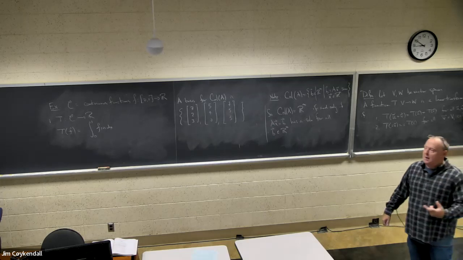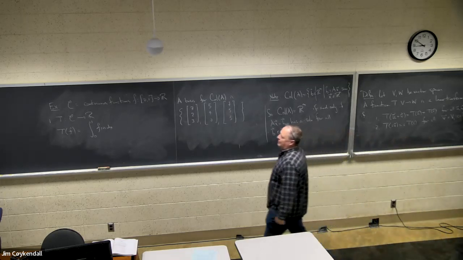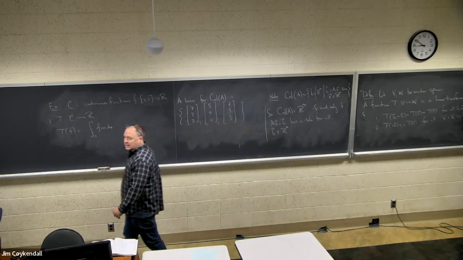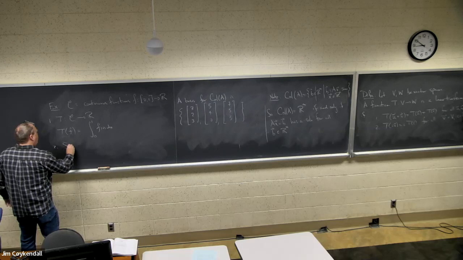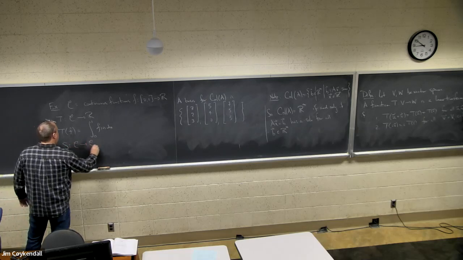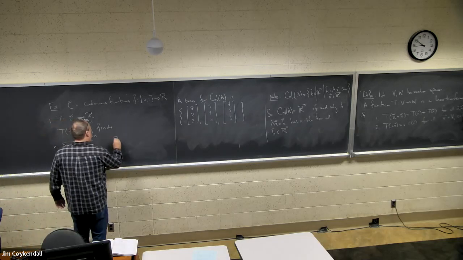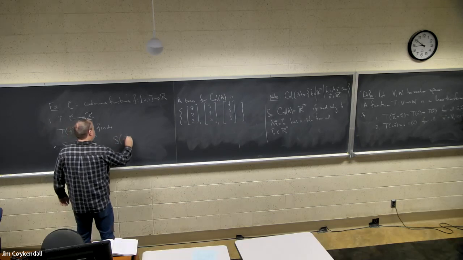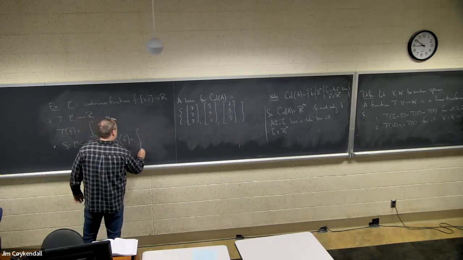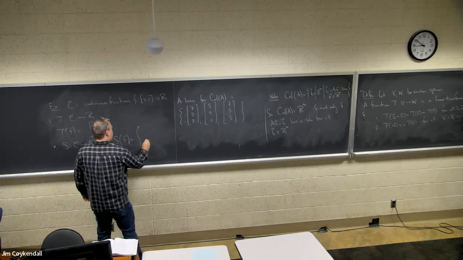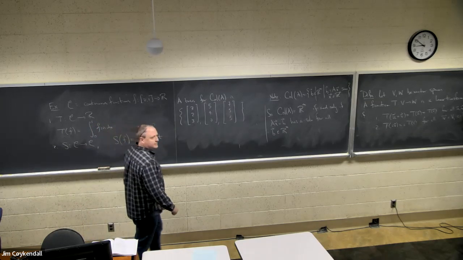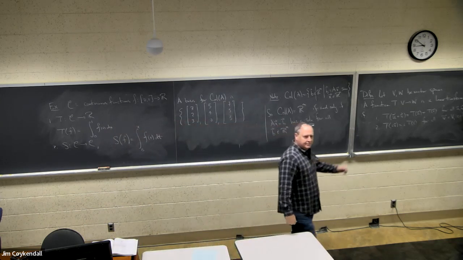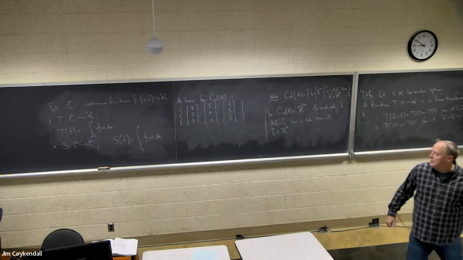The number output is just the integral of that function from 0 to 1. Second, let S go from C to C. S of the function f is the integral from 0 to x of f of t dt. Check if that's a linear transformation.